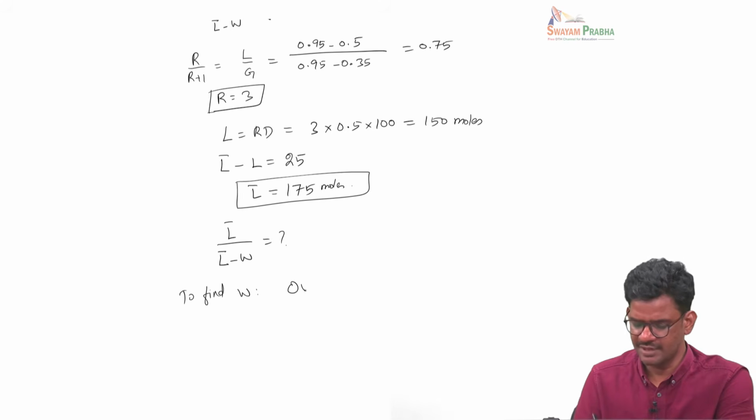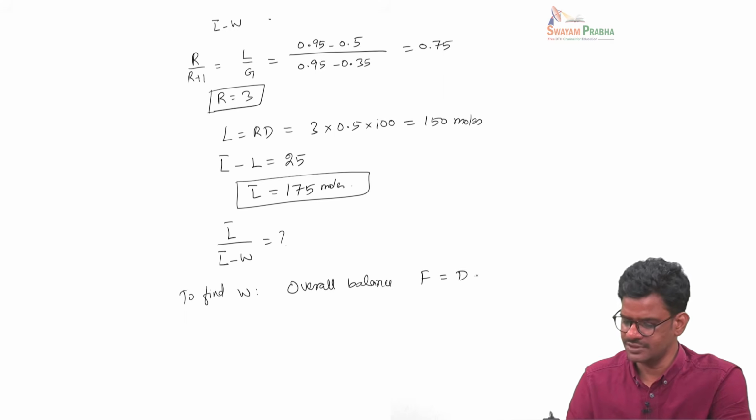we will do an overall mole balance, where F should be equal to D plus W. We have taken F as 100 moles basis, D is 50, so W also will be 50.